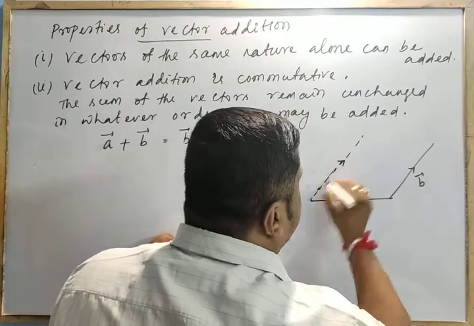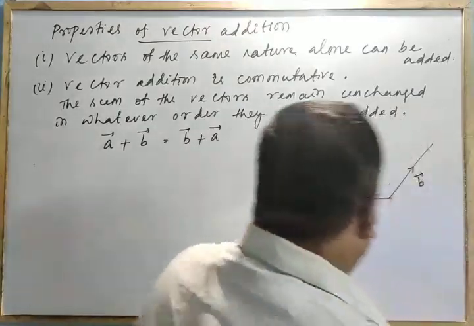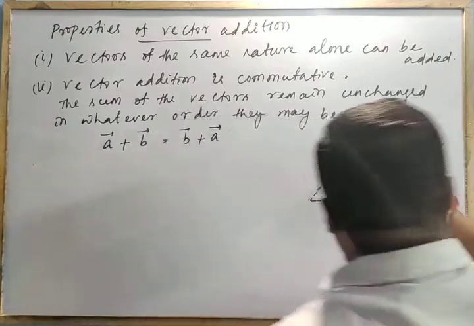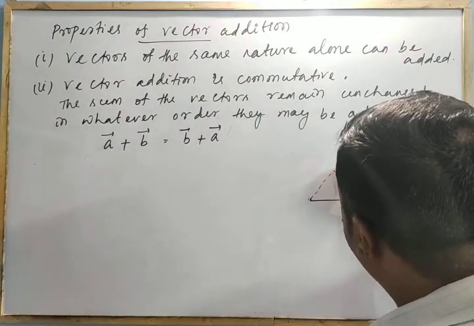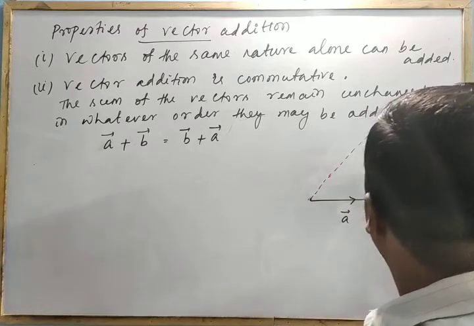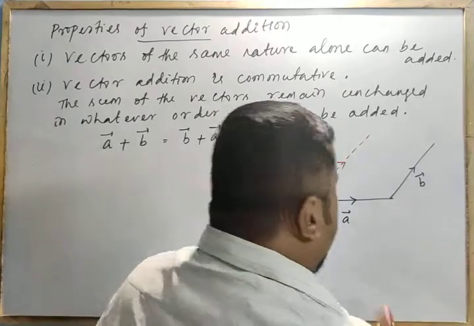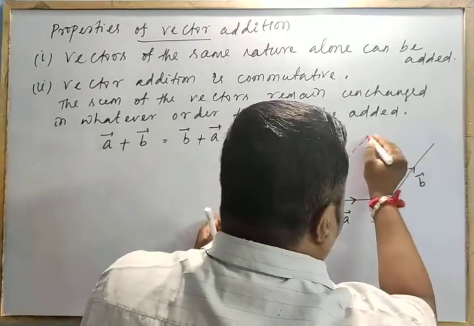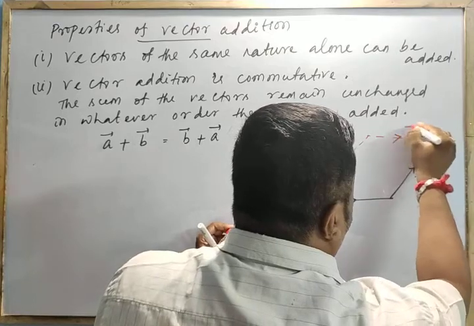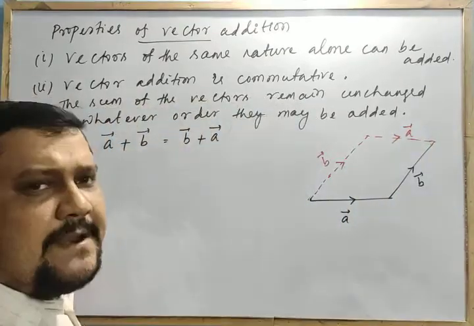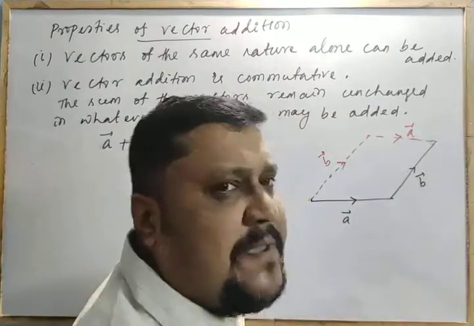Let me use another color. So this is vector B, same magnitude and parallel to this one. And this is A, so I will make this also A. Here I will prove that A plus B is equal to B plus A.